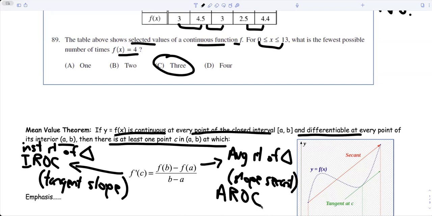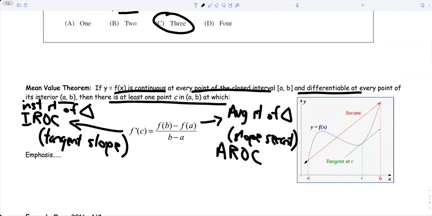Graphically, it looks like this. Okay, so I've got a function, f of x. I'm going from a to b. Imagine that's the solid line there. Is the function continuous from a to b? Yes, it is. Is the function differentiable from a to b? How would it not be differentiable? If there's like a corner, for example.